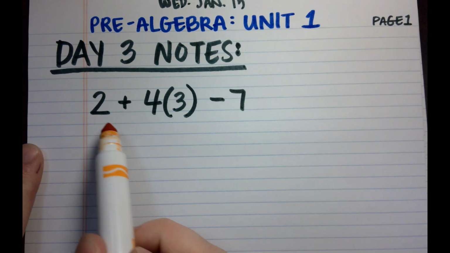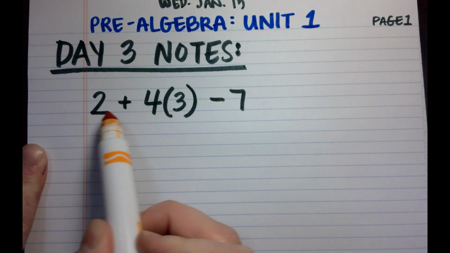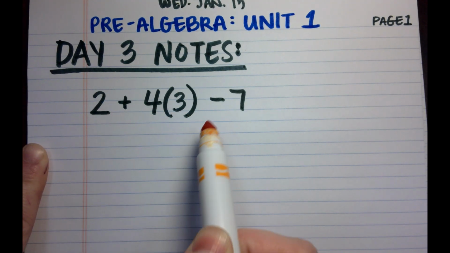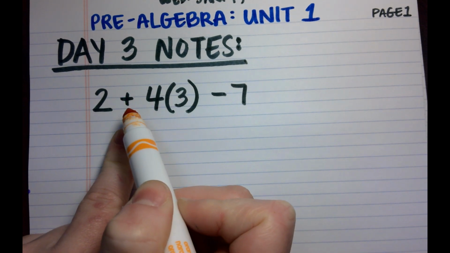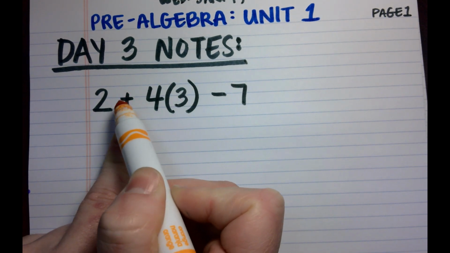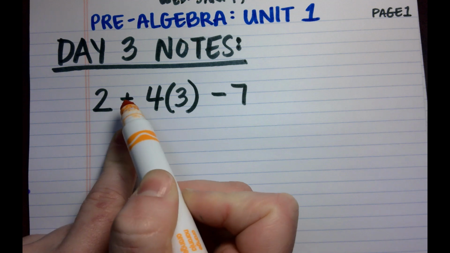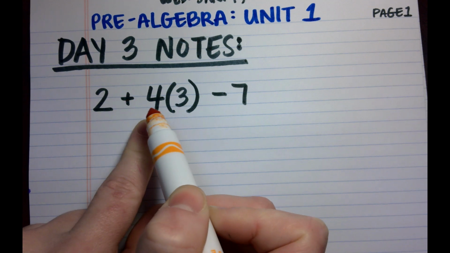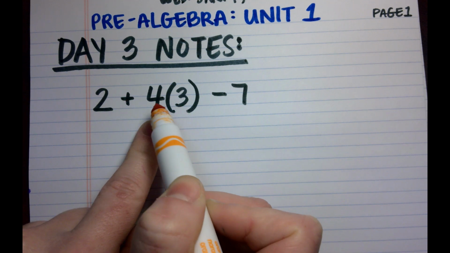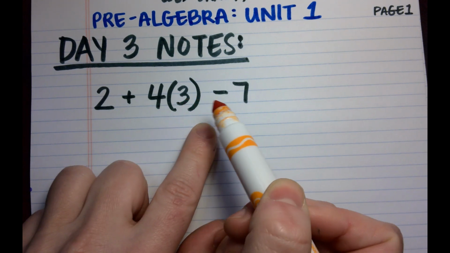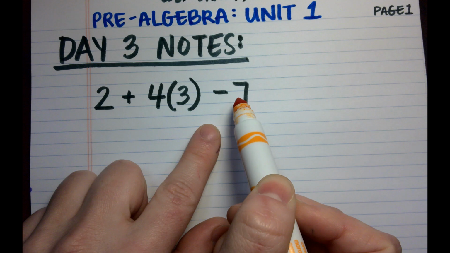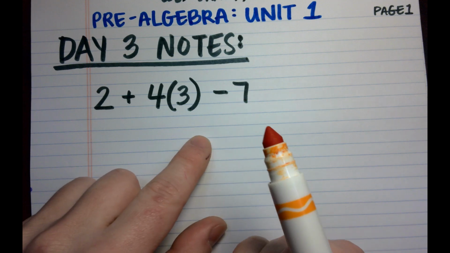So when we have something like this, where we have multiple operations happening, let's look at it. We have a plus sign, addition, that's one operation. We have 4 times 3, multiplication, that's an operation. We have minus 7, subtraction, that's an operation.